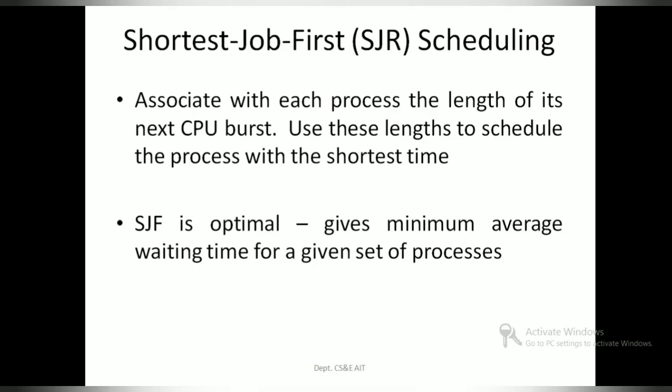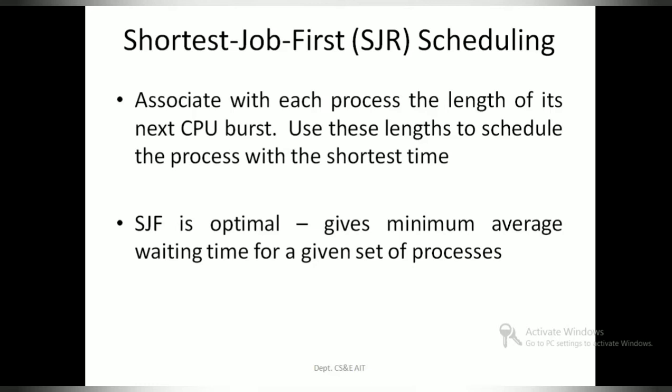So whichever process has the smallest burst time will be the first process that shall be executed on the CPU. Now, is your SJFS preemptive or non-preemptive?